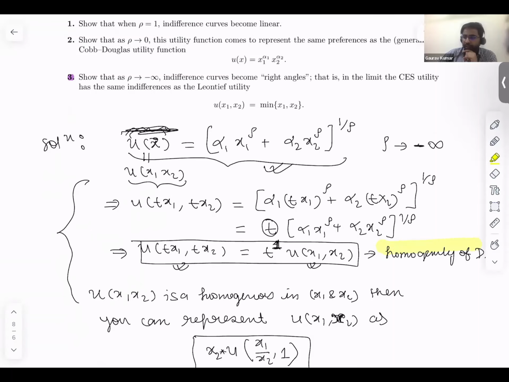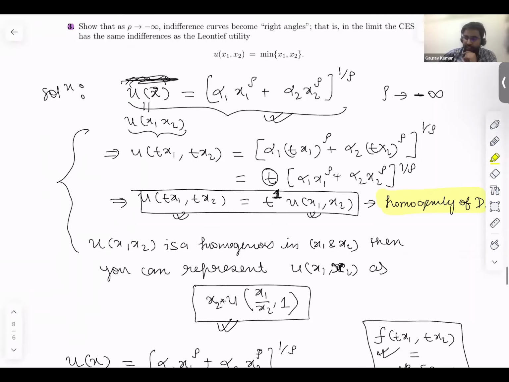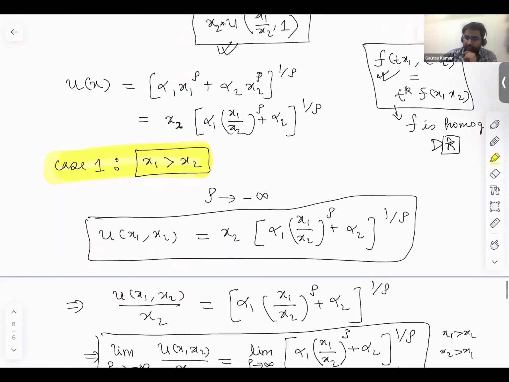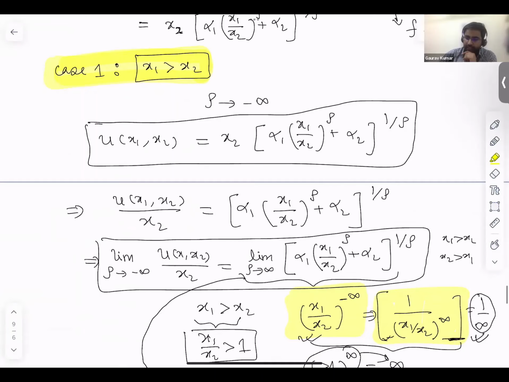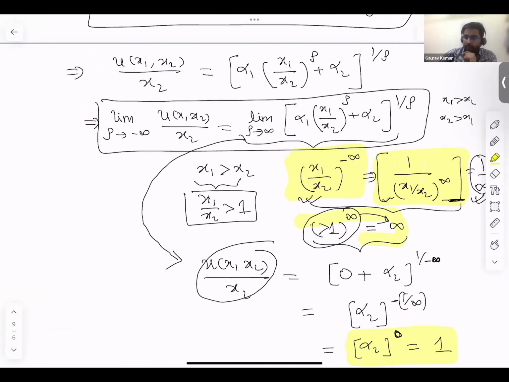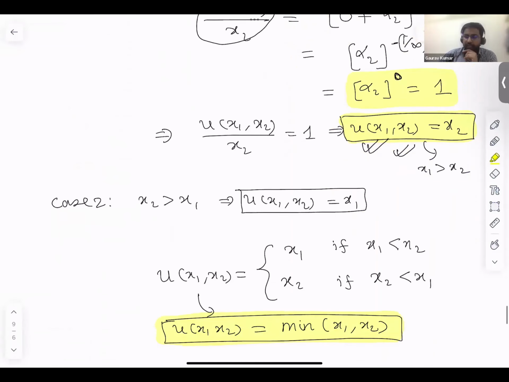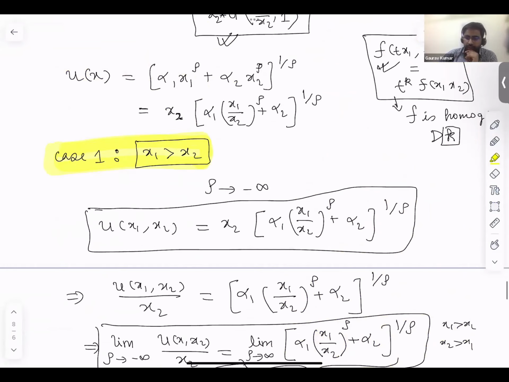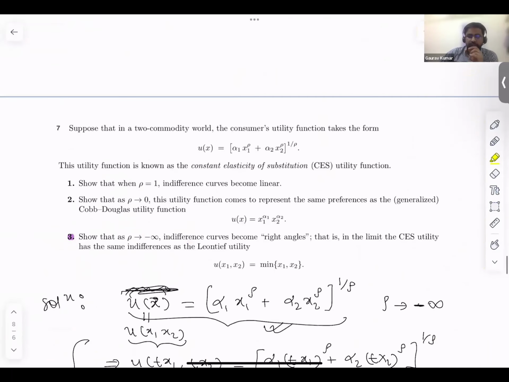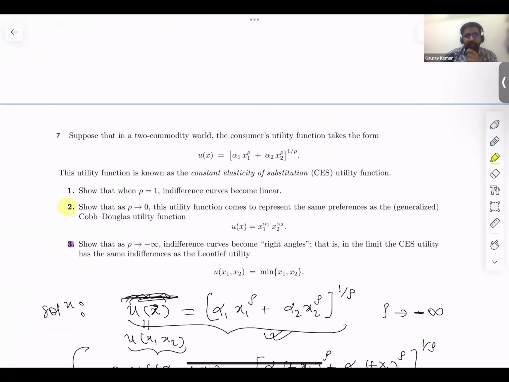One is the homogeneity of this utility function, and the other is taking these cases and then using the property of limits in order to solve this question. So similarly, you have to approach this question also. There will be slight differences, but you have to use concepts of limits and then you can solve it.